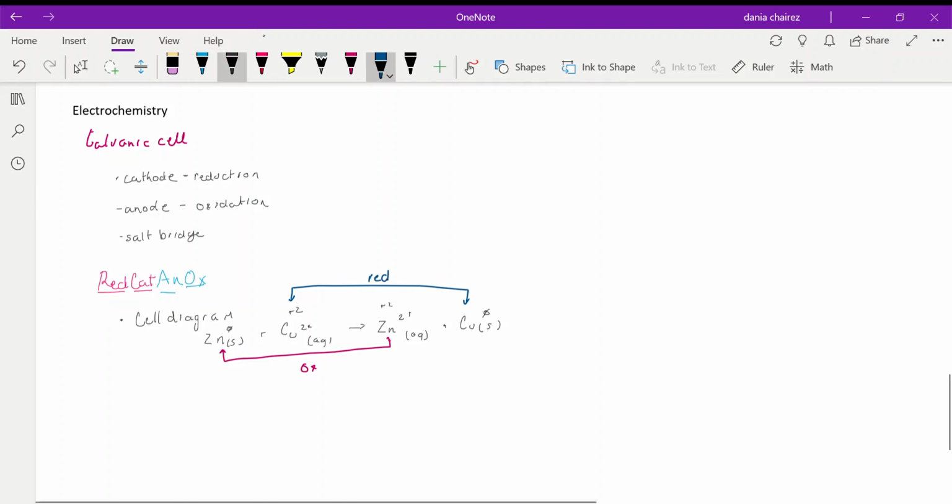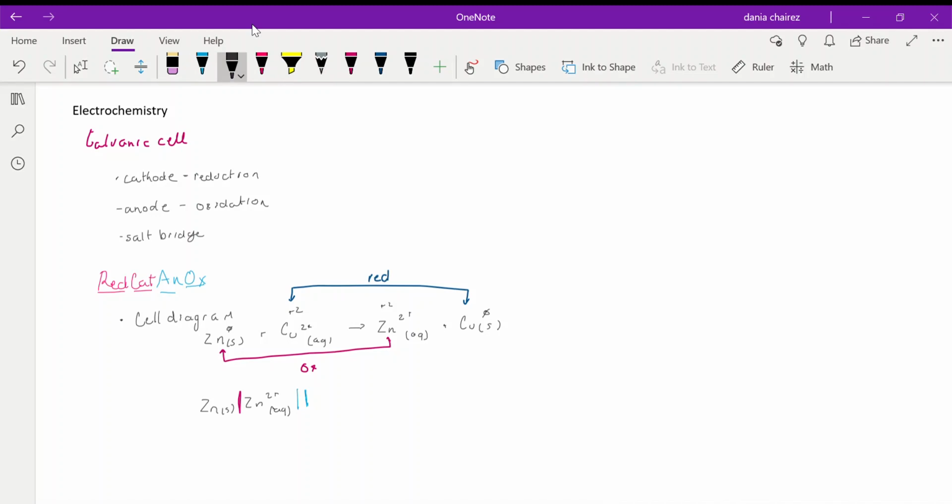When you're writing the cell diagram, you go zinc solid, and then there's a solid line which stands for oxidizes to zinc 2+ aqueous, and then this double line, which is the salt bridge that has ions that allow this to flow.